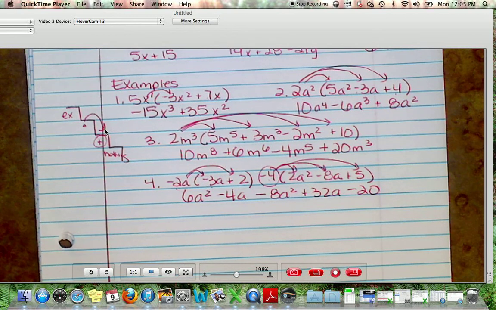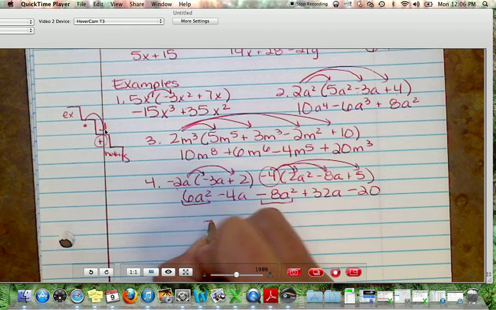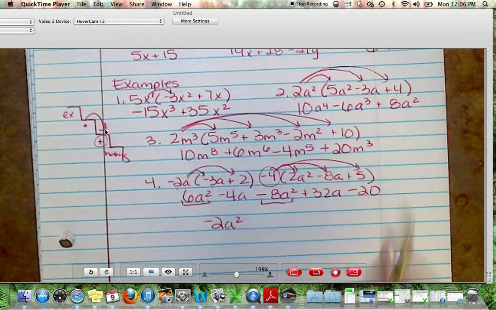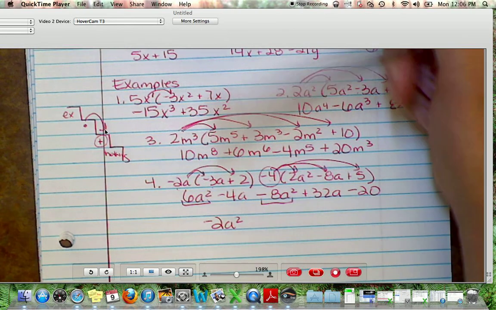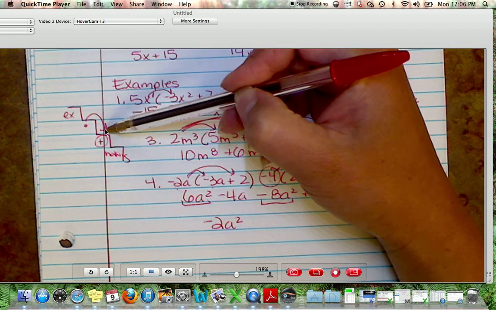But how many of you looked at that and said, oh, I can combine like terms and simplify this even more? So what terms could you combine that are alike? We've got a 6a squared and a negative 8a squared. That's going to give us negative 2a squared. Now here's what's happening. We distributed, which was a multiplication, so we added the exponents.